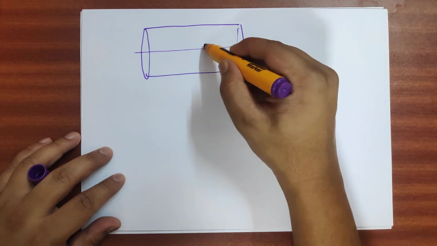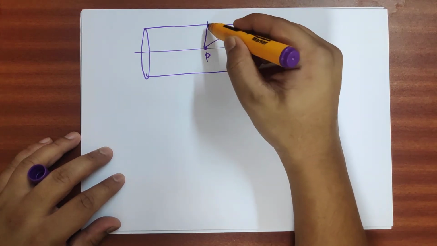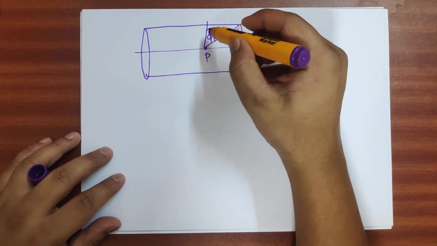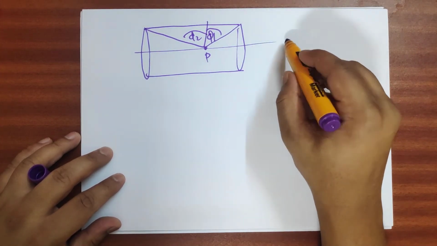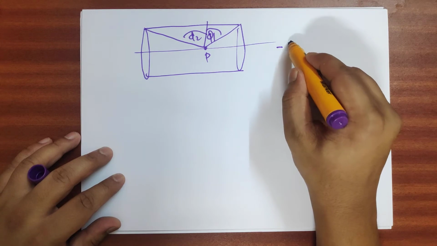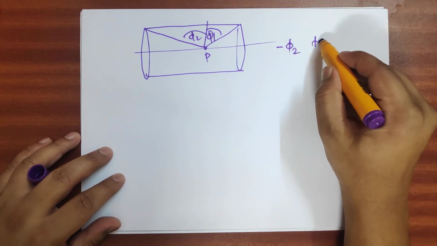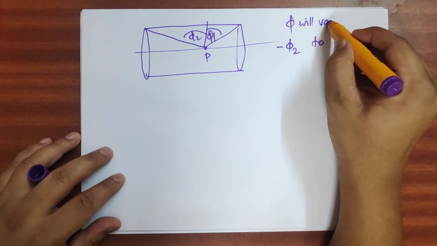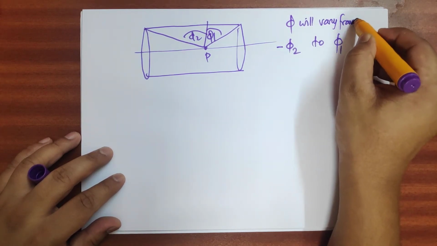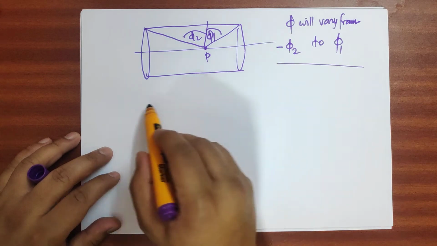As given in the problem, this is the point P and that's phi 1 and this angle is phi 2. So phi will vary from minus phi 2 to plus phi 1.